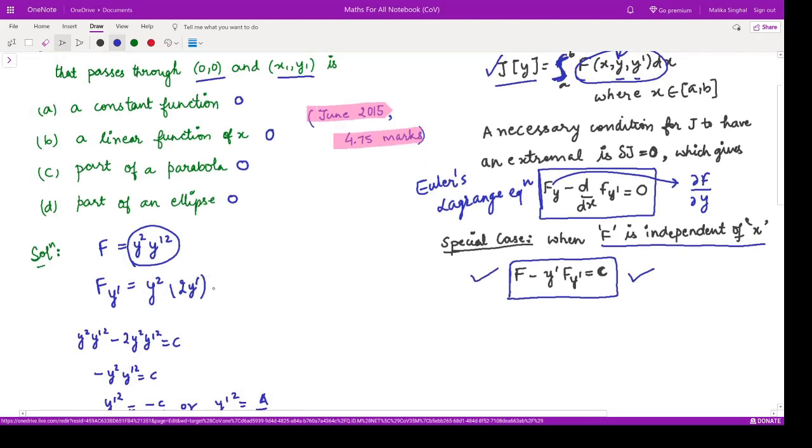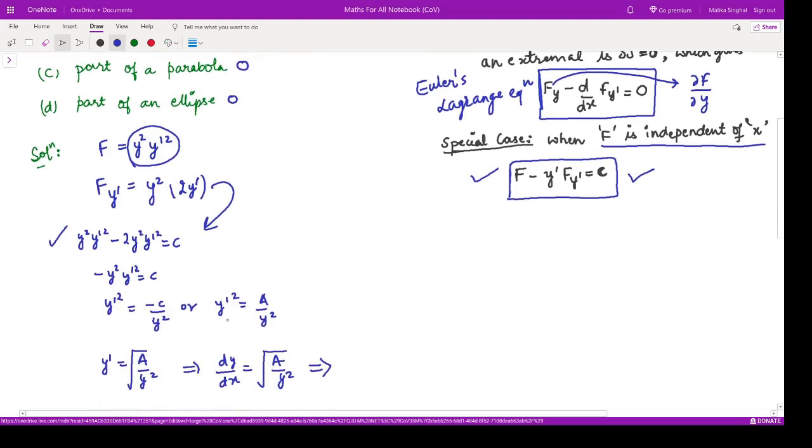So what we obtain is, we have these calculations, and we just need to solve it a little bit to reach here. Basically I am naming this minus c as another constant a, and then again under root minus a as some other constant b.